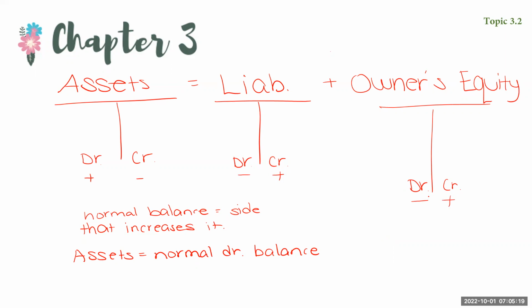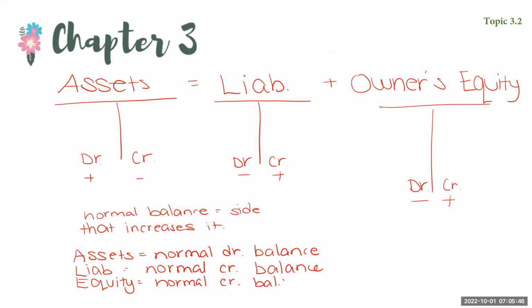Again, that's not going to change. So the normal balance for liabilities is a normal credit balance. If you ever want to increase a liability, you put that positive number on the credit or right side. If you ever want to decrease a liability, you put it on the left or debit side. And then equity has a normal credit balance as well. This is not going to change.